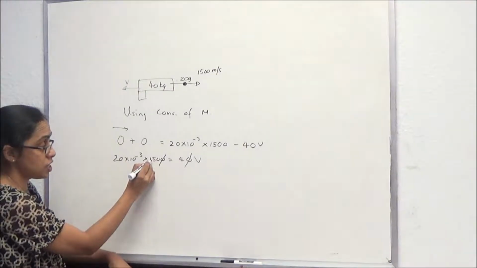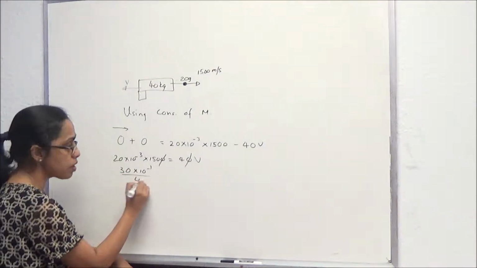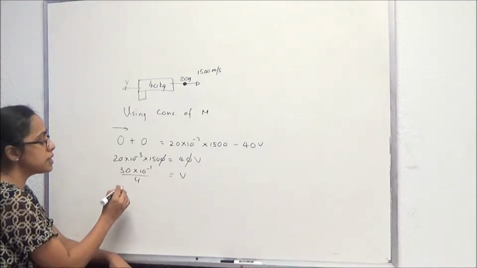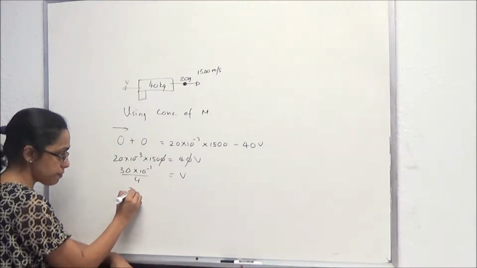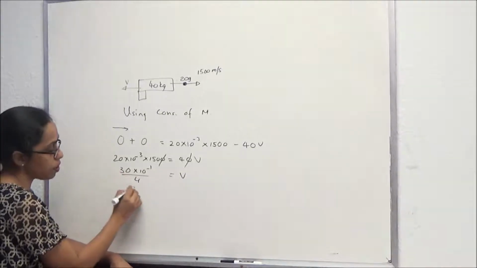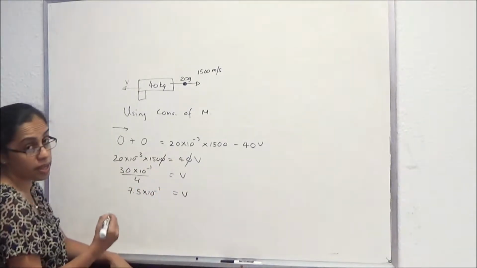So 2 into 15 is 30. 30 into 10 to the power minus 1 divided by 4 is 7.5 into 10 to the power minus 1, if my calculation is correct.